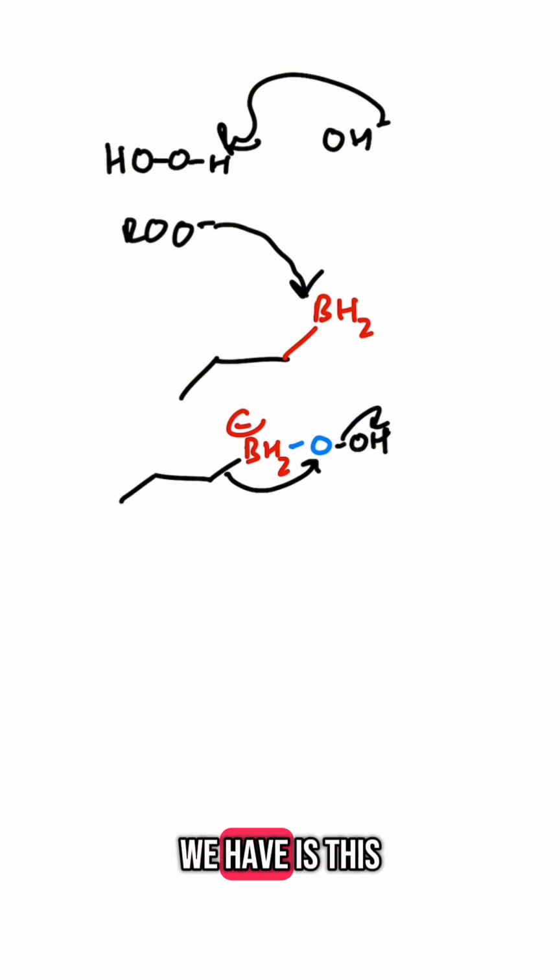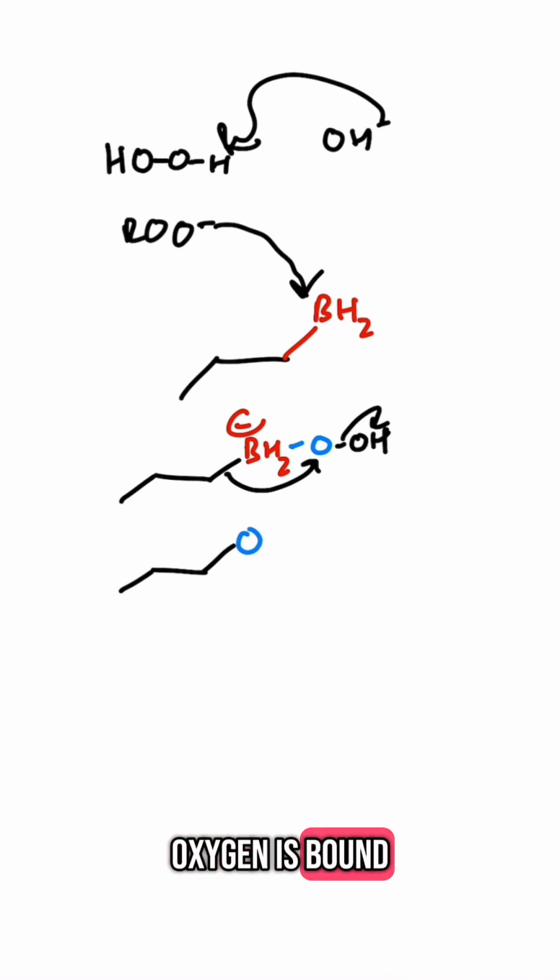And then what we have is this. Ooh, it's so hard to draw straight on the iPad sometimes. Now our oxygen is bound to that carbon there, and we have BH2. Now, we need to turn that into an OH and get rid of that BH2.